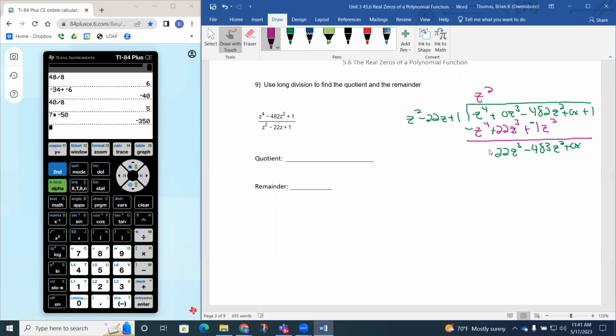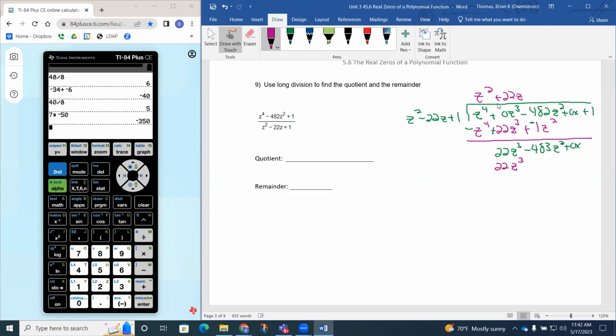What times z squared gives me this 22z to the third? I need a 22 and a z. So I need a plus 22z. So 22z times z squared does give me what I need there. So that's going to be a 22z cubed.